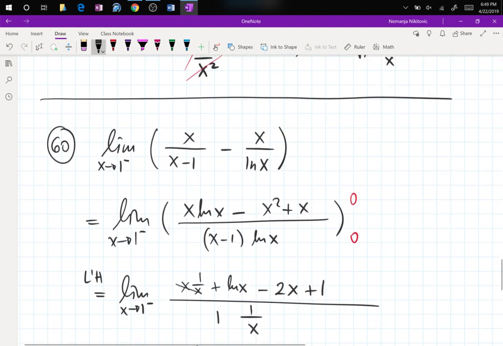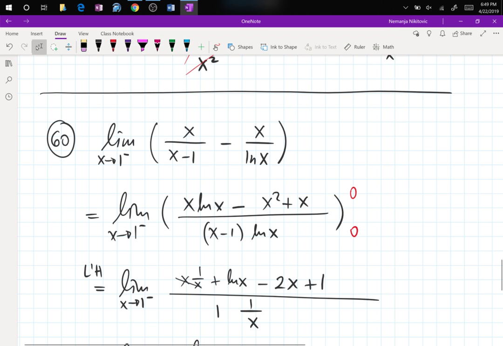So all I'm going to do is graph this function. So I'm graphing x divided by x minus 1. That's wrong.